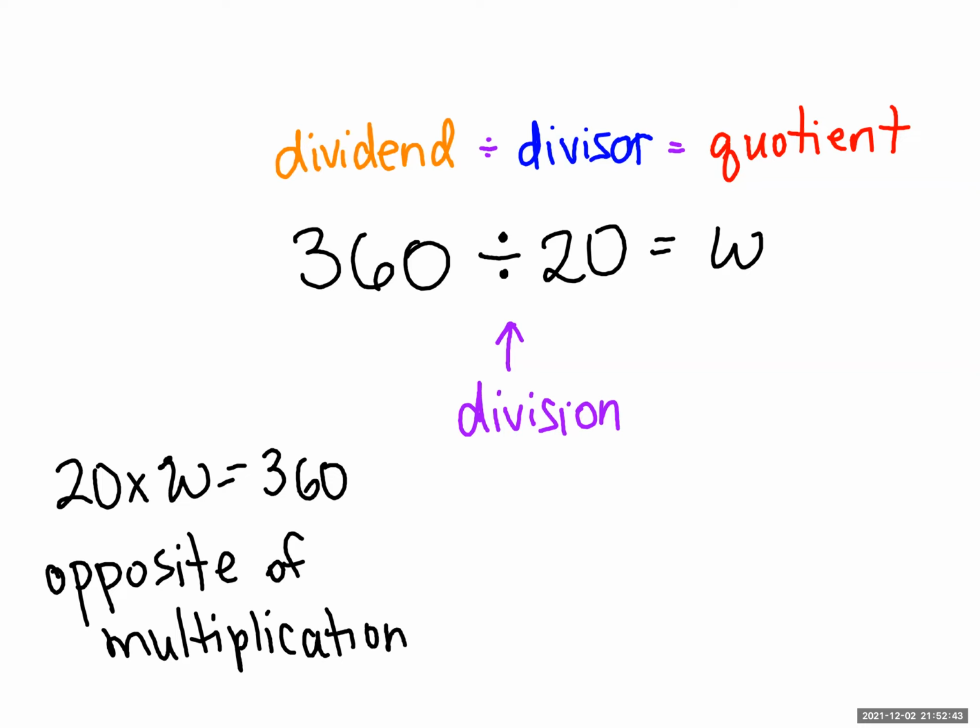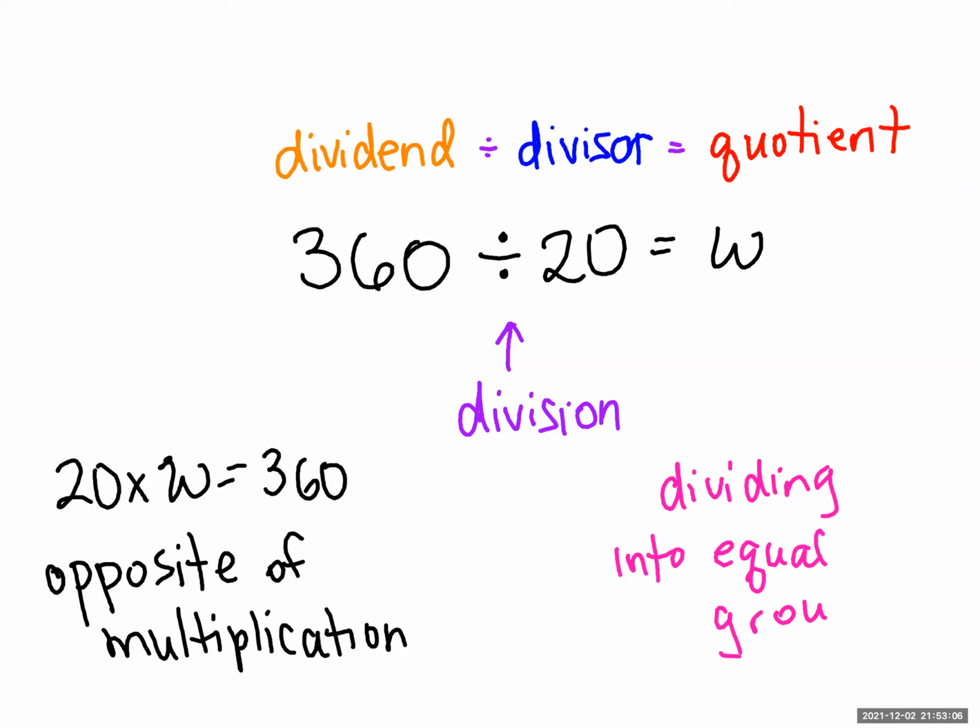I might want to divide it into equal pieces or equal groups. So you might be like, how many groups of 20 can I make? Or you might hear them say, how many times does 20 go into 360?